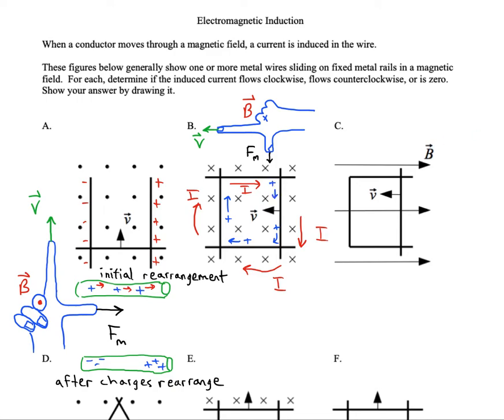That's the idea. So in this first example, there's no complete circuit. So current is 0 as time goes on. But in this second example, we will have a clockwise current.